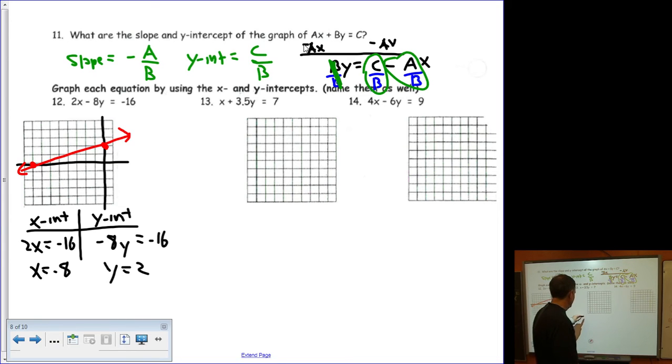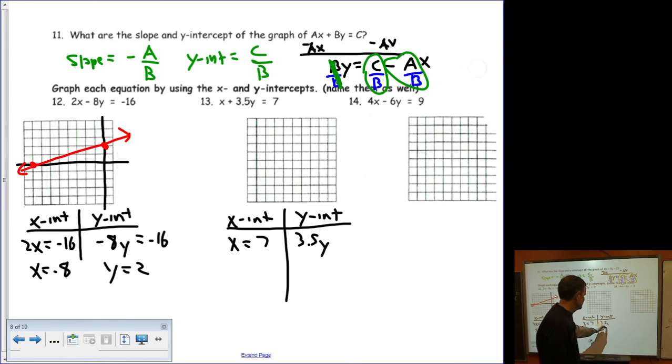In the next one, my x-intercept and my y-intercept. My x-intercept would be where x equals 7, and my y-intercept would be where 3.5y equals 7. Well, the x is already done. On the y, I need to divide both sides by 3.5.